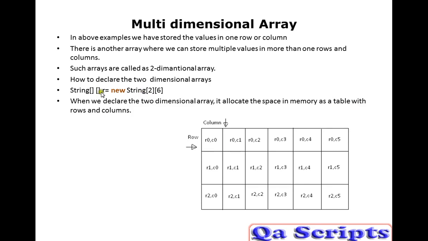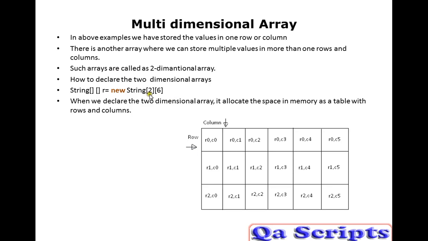When I say String[][] r = new String[2][6], this will create a total of 3 different rows and columns starting from 0. When I say 2, it will create 3 because it always starts from the 0 index. That's what we have seen.